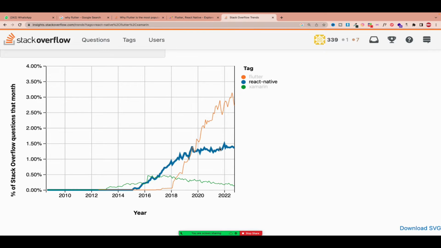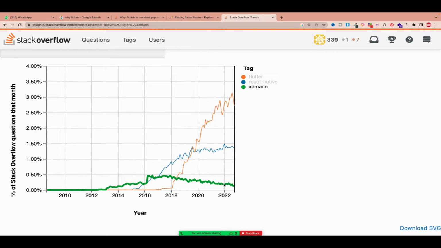You can compare, but basing on the data, most people have found Flutter as their best choice, and I'm not saying it as my own, but you can see Xamarin is even crashing, it's really going down. So whoever is investing in Xamarin, you should have a strategic motive.